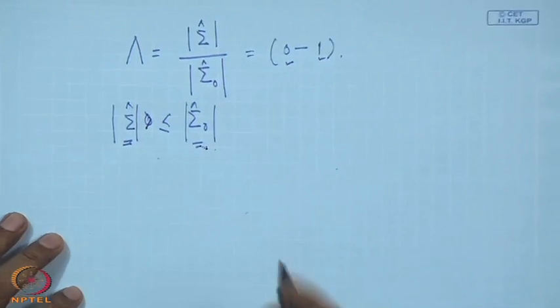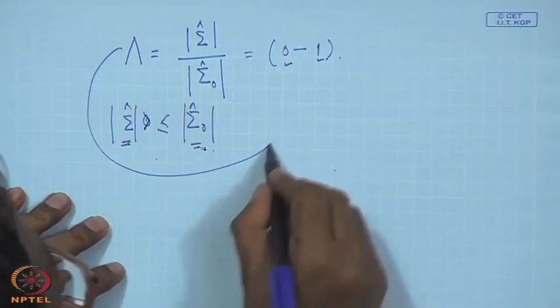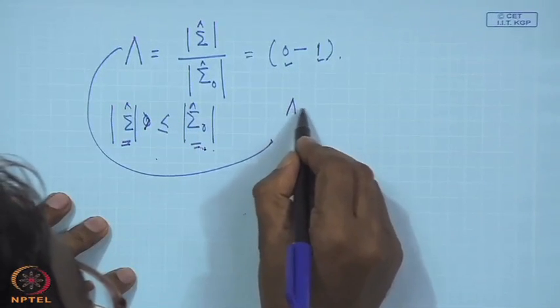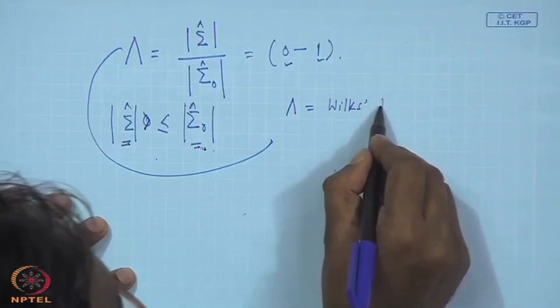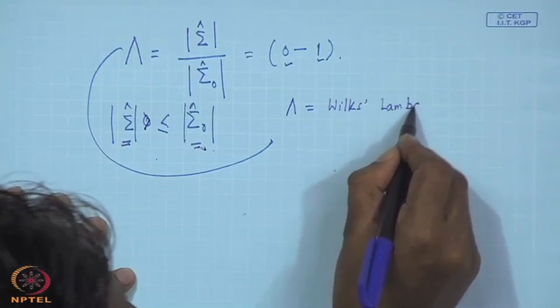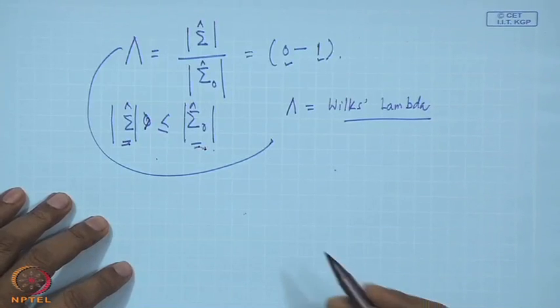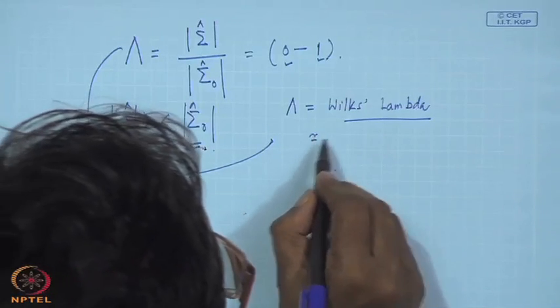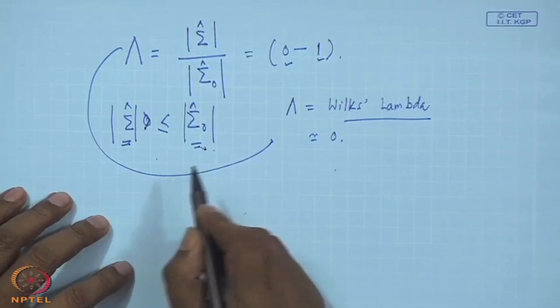Okay. So, if you find, what does it indicate? If you find out that this lambda, which is known as Wilks' lambda, that in a MANOVA you have tested this, if this value is sufficiently close to 0, then what is it indicating?